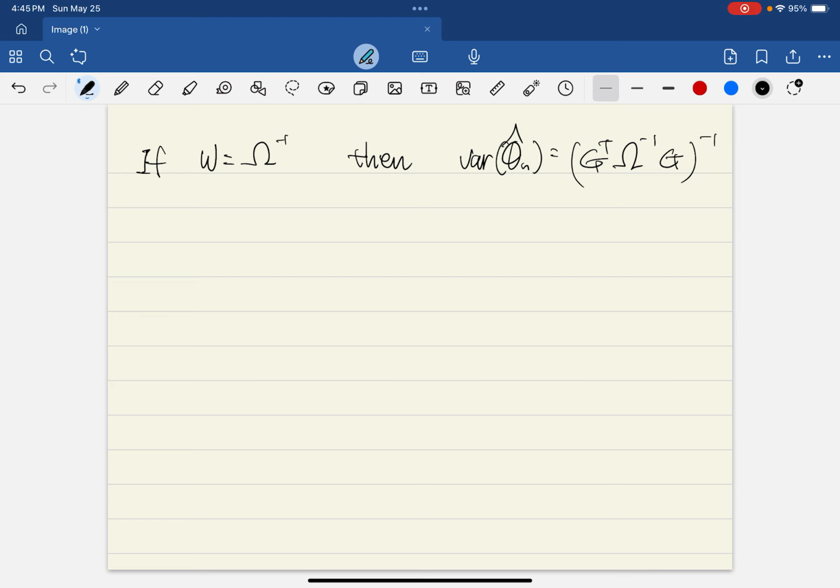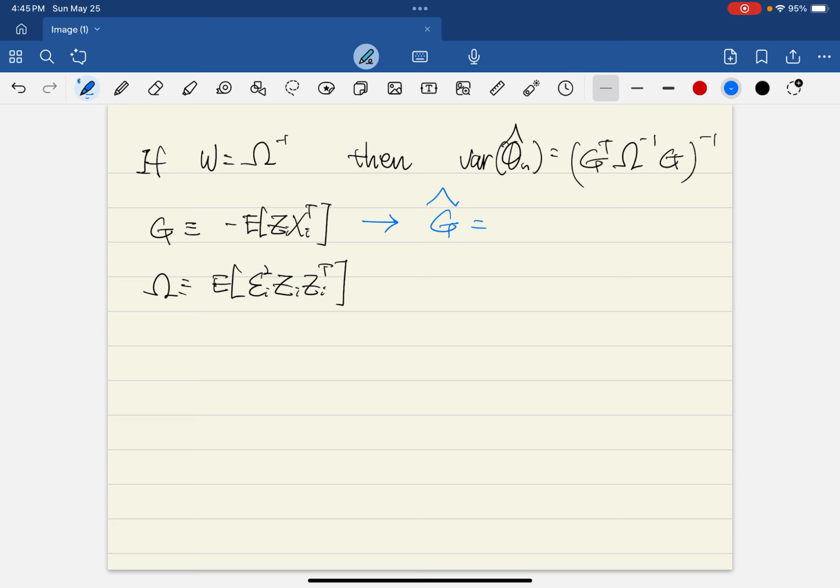And remember, G was defined as the expectation of Z X transpose, and omega was defined as the expectation of epsilon squared times z_i z_i transpose without homoscedasticity. Then how would you implement that? It is easy. You estimate G hat as minus the sample average of the observed variables.